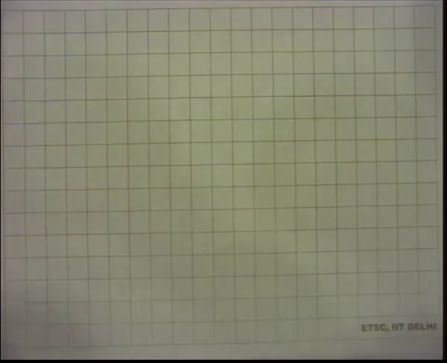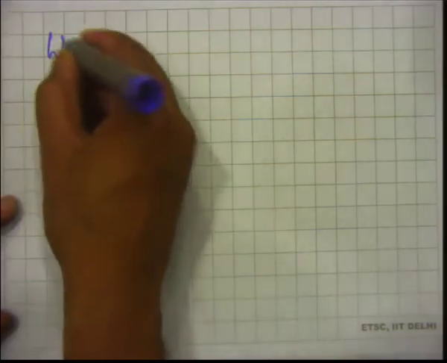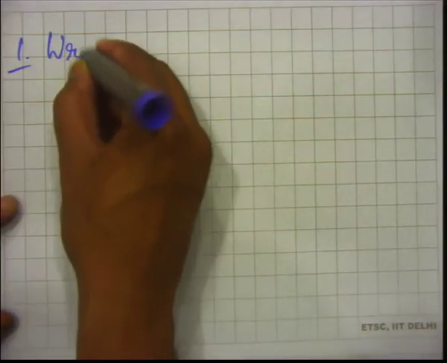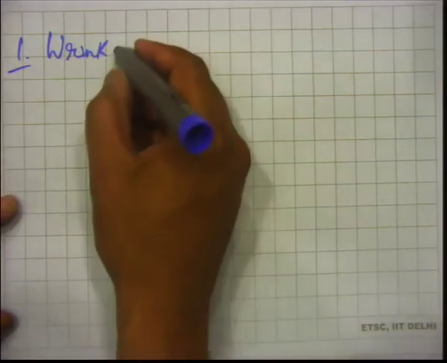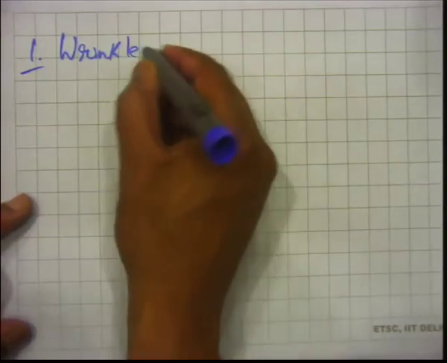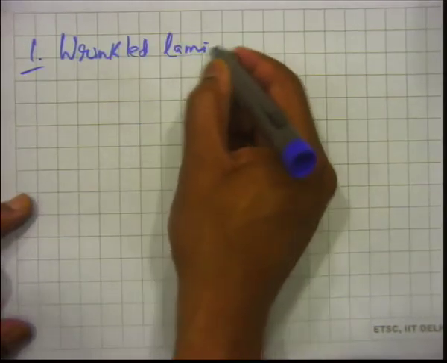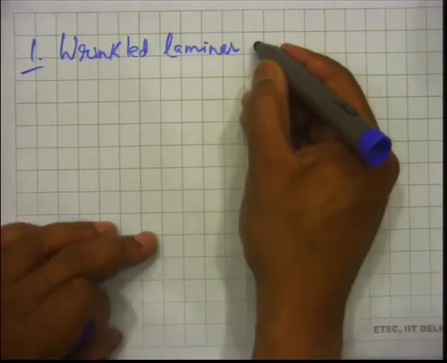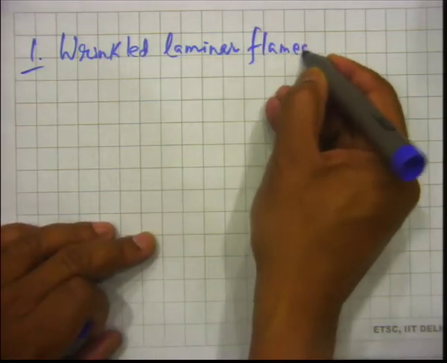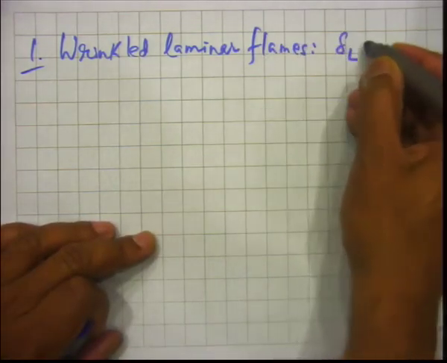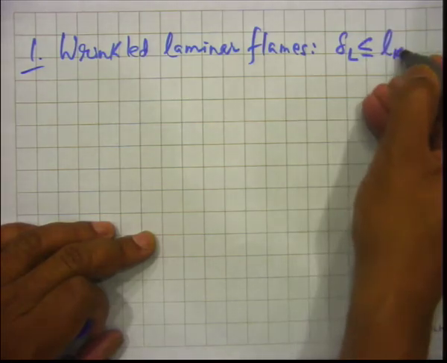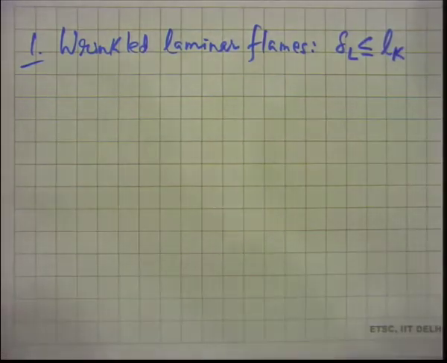Let us say wrinkled laminar flames is the first one. In wrinkled laminar flames, delta L is less than or equal to LK. So, the laminar flame thickness is smaller than even the smallest of the turbulent length scales.